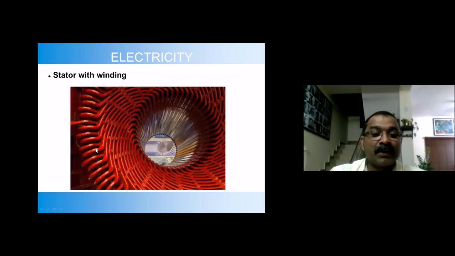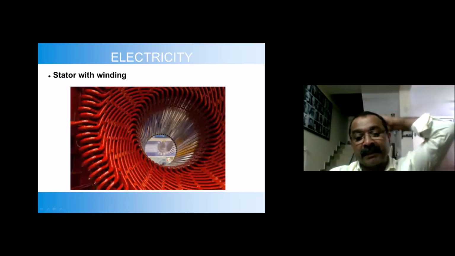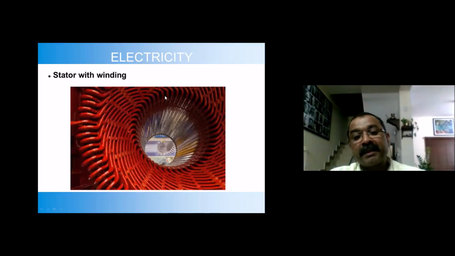The electrical conductors come here and make some connections. Such an arrangement is called a winding. So conductors are arranged in a fashion called winding.